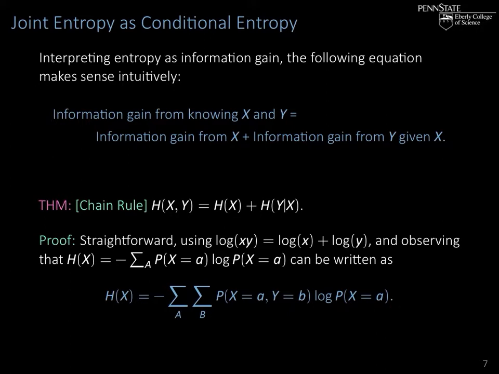So we just sum up over the finer partition, but still obtain the same value. You should probably sit down and prove this using these two observations. The proof is rather straightforward, but to familiarize yourself with the concepts of joint entropy and conditional entropy, it's a nice exercise to work this out.